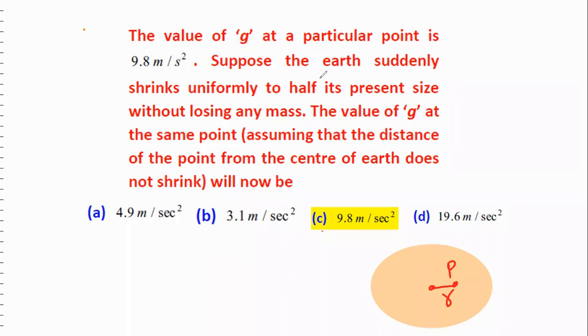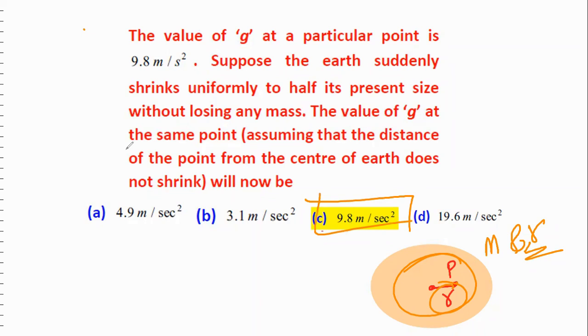what has happened? Suppose the Earth suddenly shrinks uniformly to half of the present size. It is reduced like this, without changing mass and without disturbing this distance r. That's why acceleration due to gravity does not change.